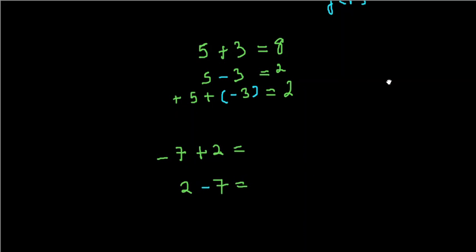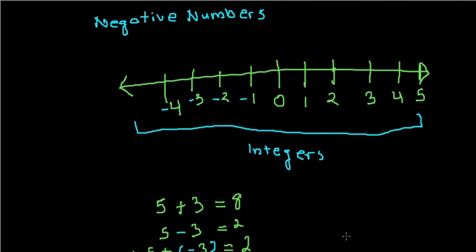Okay, so now let's go over here. So now we're starting at 2, and we're going to be going to the left 7 units. So 1, 2, 3, 4, 5, 6, 7.